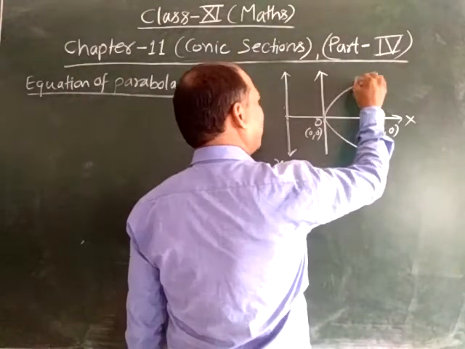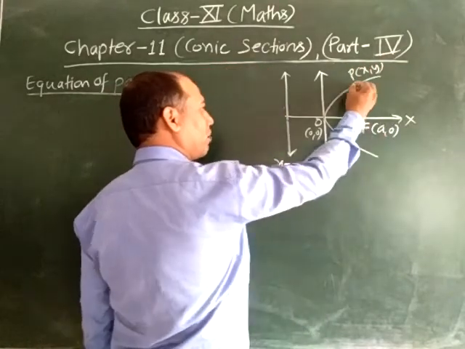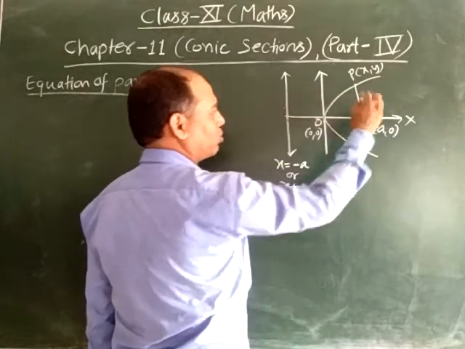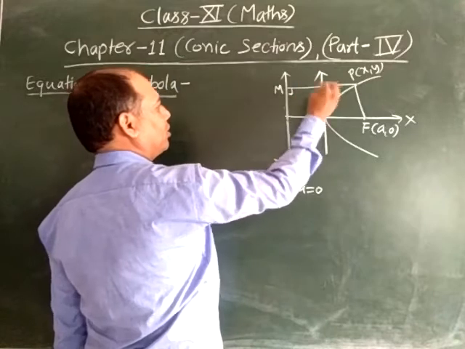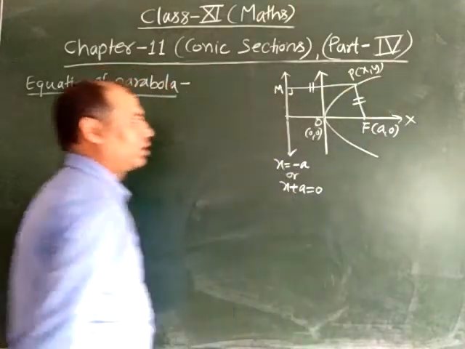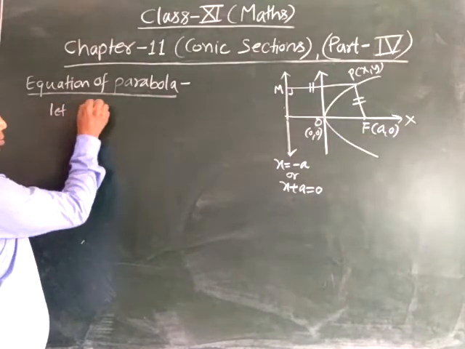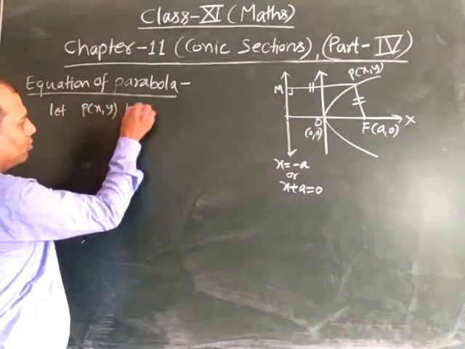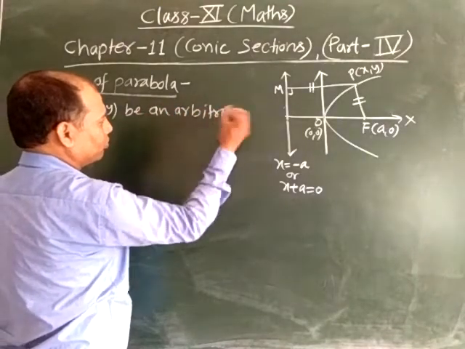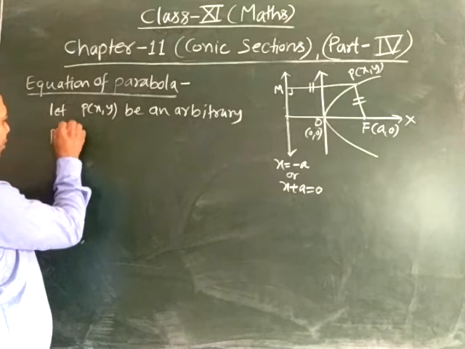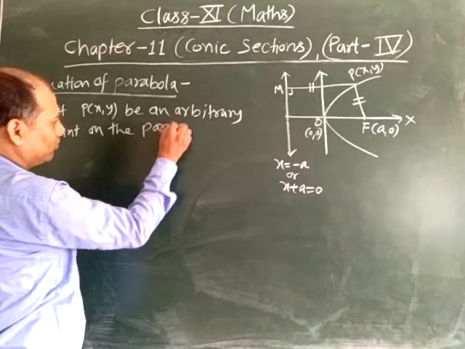For this we take an arbitrary point P having the coordinates (x, y) on the parabola. Then the distance of this point from the focus and from this line remains equal. So for the equation, let P(x, y) be an arbitrary point on the parabola.